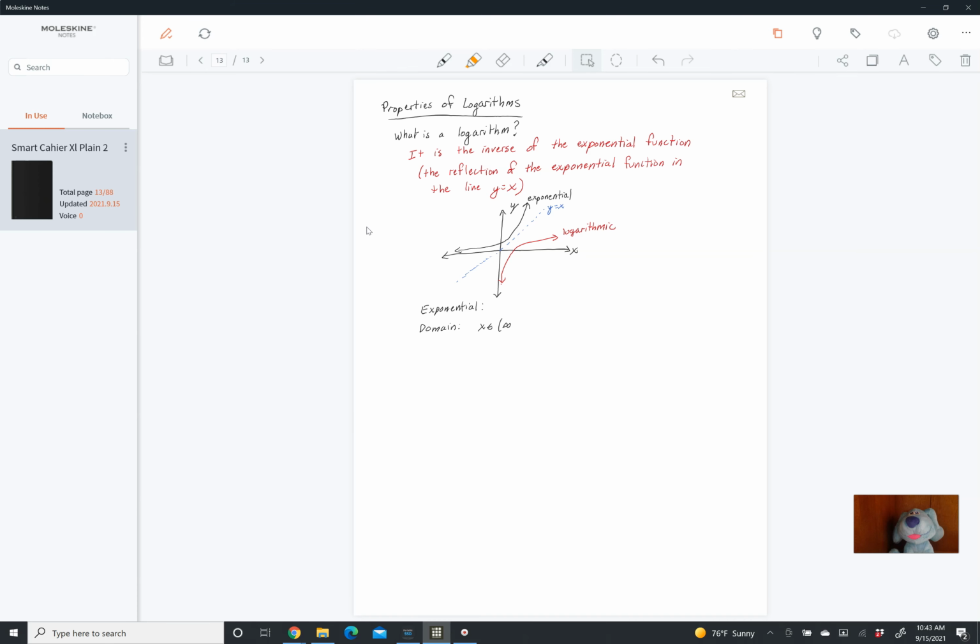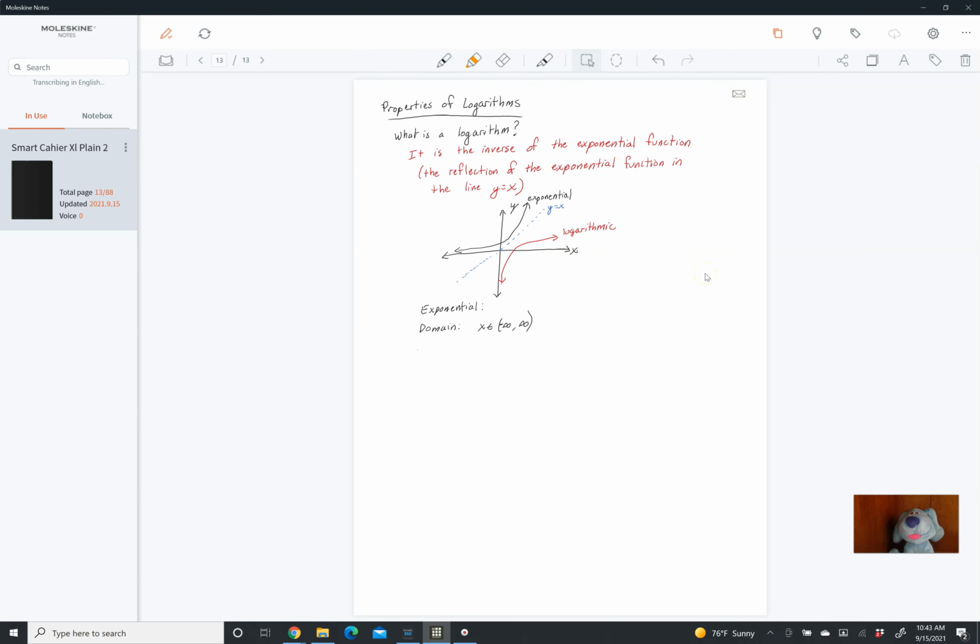So it goes from negative infinity to infinity. Okay, and you can see that here, that it's going to keep going to the left. It also keeps going to the right. It's going to take a long time when we get to the really high x values. The y's are going to be huge.